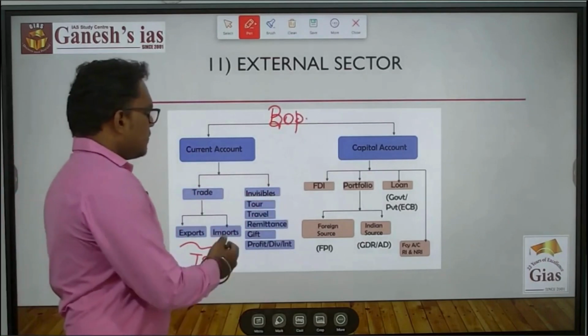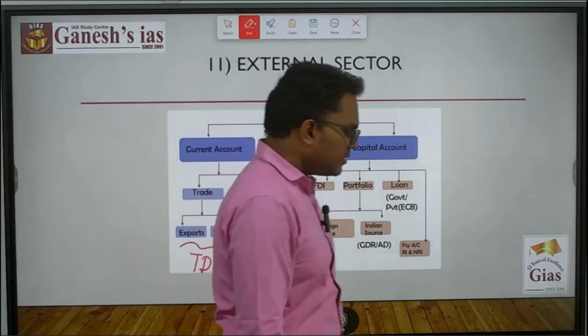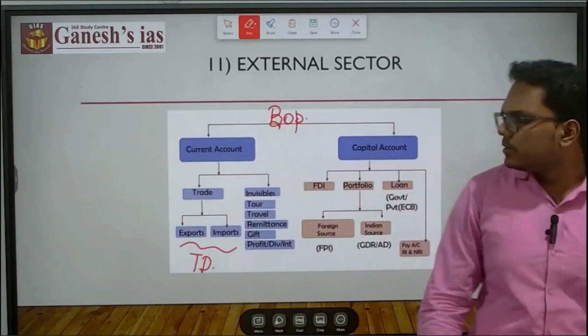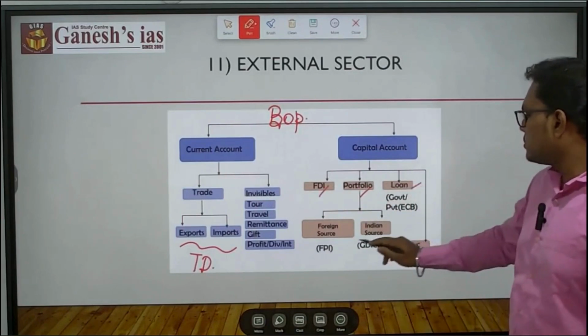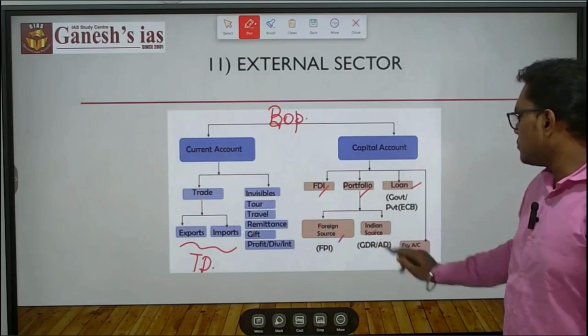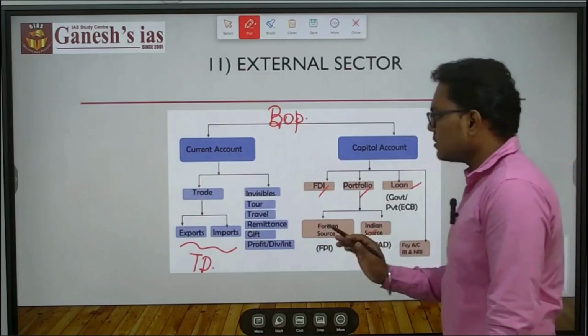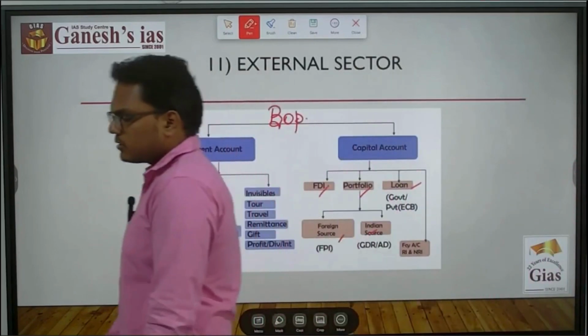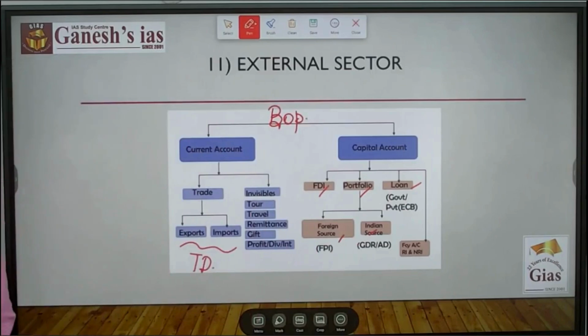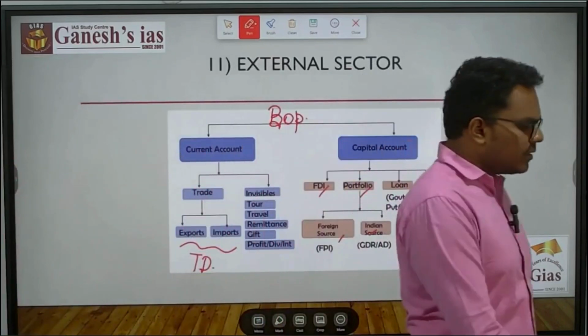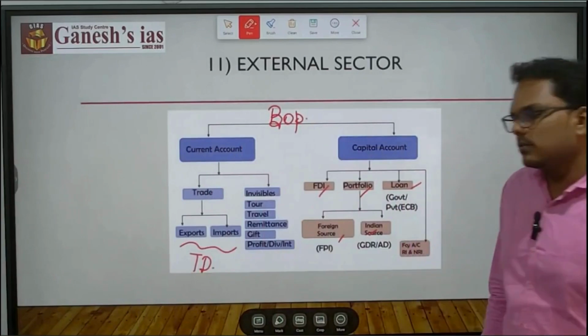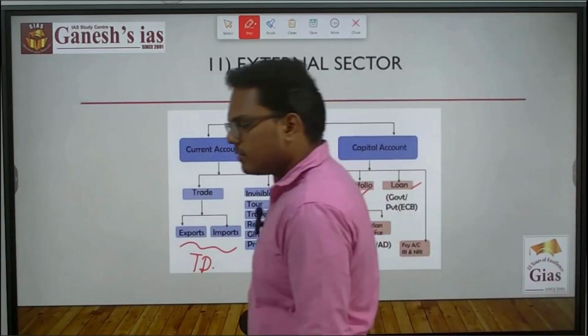And your invisibles, you have your services, incomes, and transfer payments. And in your capital account, you have your FDI, FPI, loans, and for FPI you have foreign source, Indian source. This is something that I have included just for your understanding. It will be better if you remember this table, so that if any questions are asked, we'll be able to connect it better.